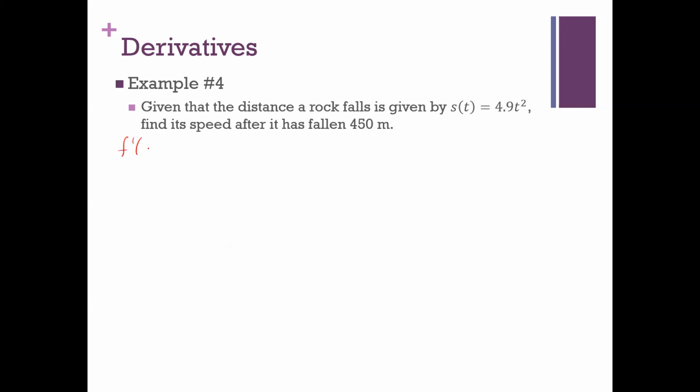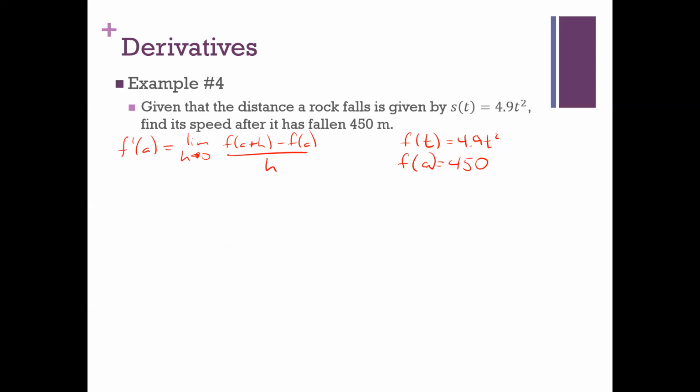Because it's brand new to us, let's do this. I think I know what my f of t is: 4.9t squared. What else? a is 450. f of a is 450.